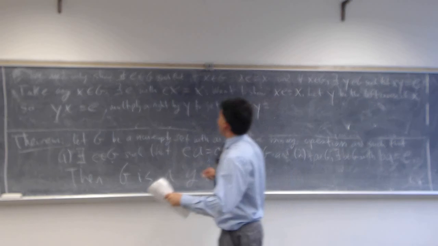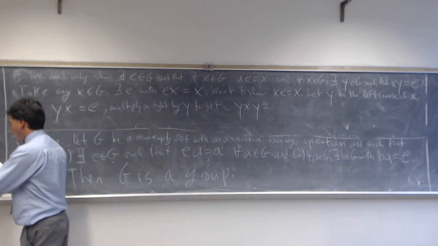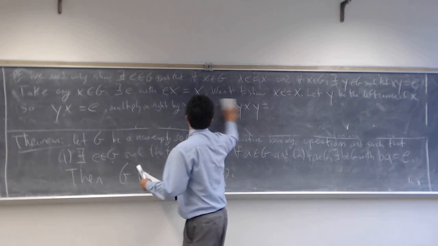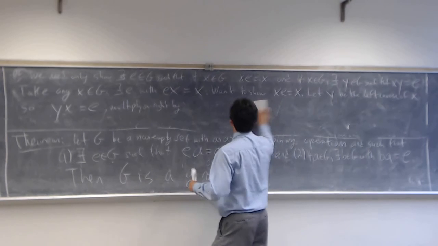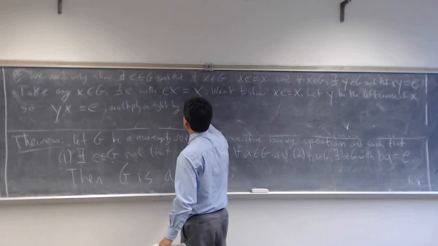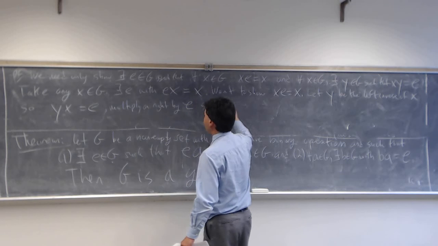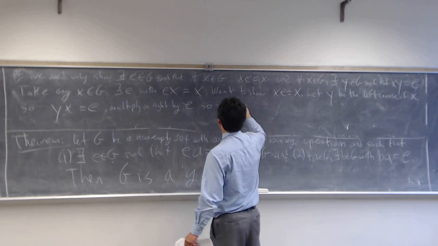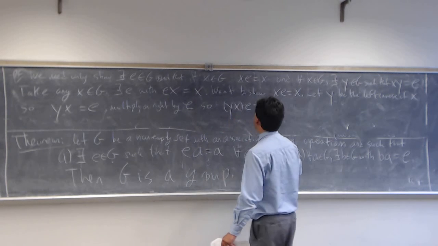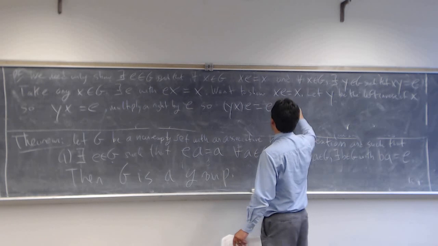We have this equation, let's multiply on the right by E. So yxE equals EE.